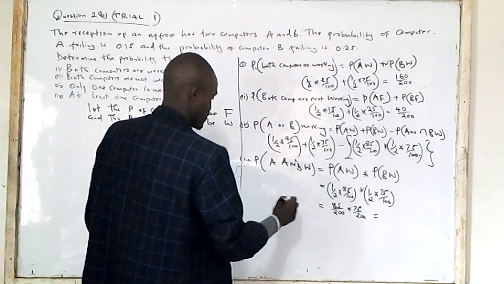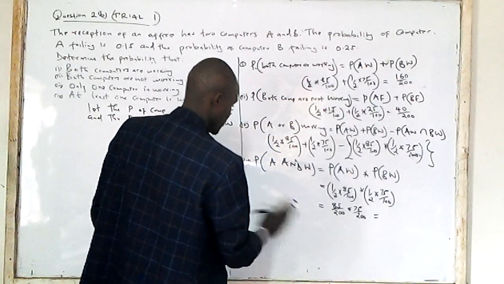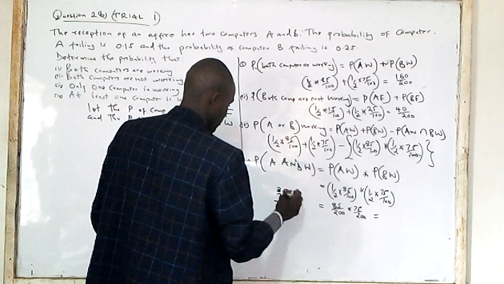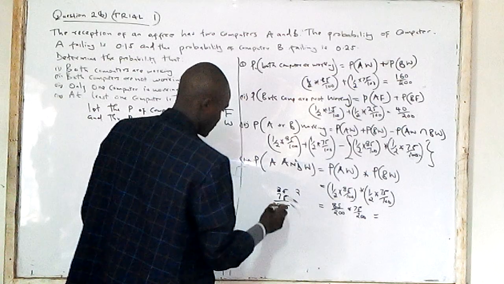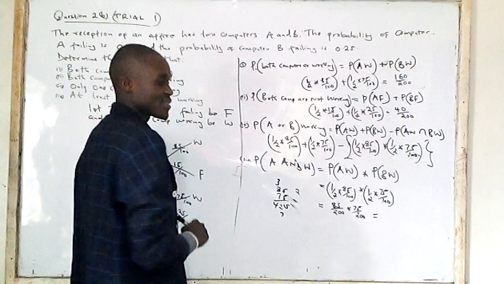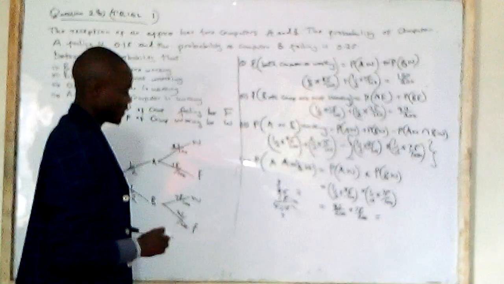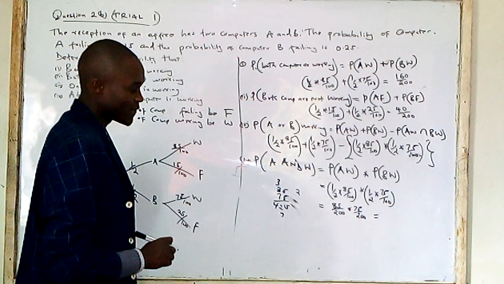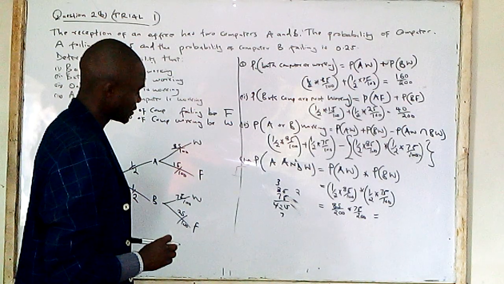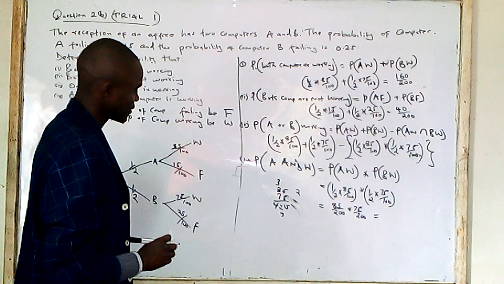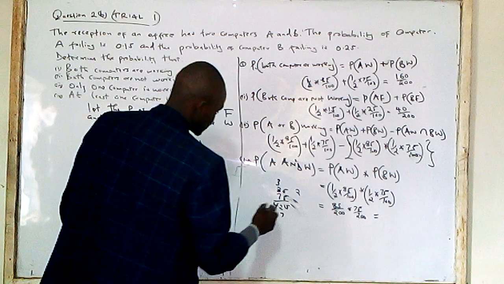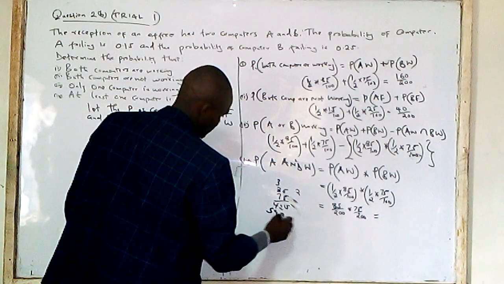So 85 times 75, you get the answer as 25. 5 times 5 is 25, carry 2. 7 times 5 is 35 plus 2, 37, carry 3. 5 times 8, 7 times 8, the answer is 56, plus 3, which is equal to 59.